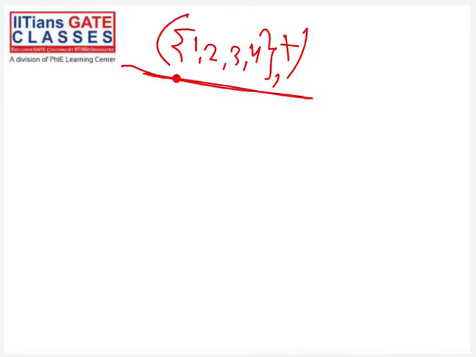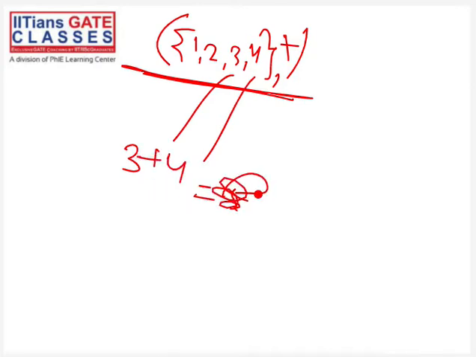This is not satisfying the closure property, because if you take, for example, 3 comma 4 and sum them, then the result will be 7, and this 7 does not belong to our base set. So you can see that the closure property is violated.